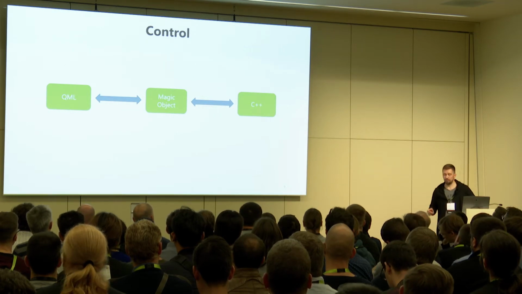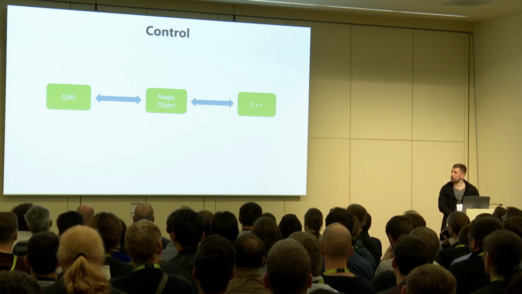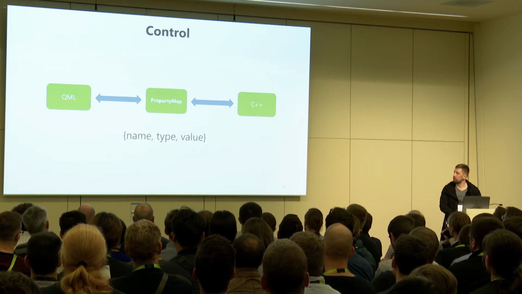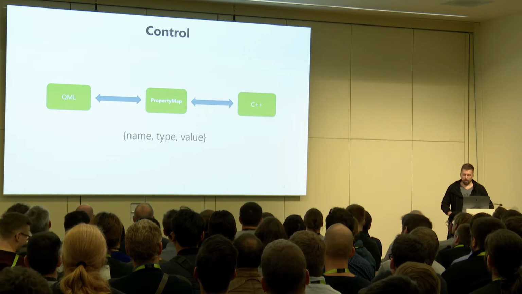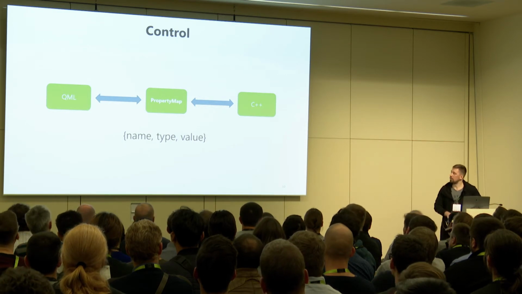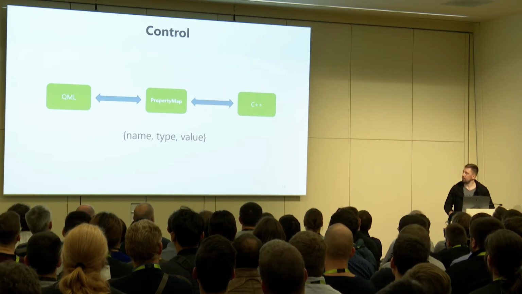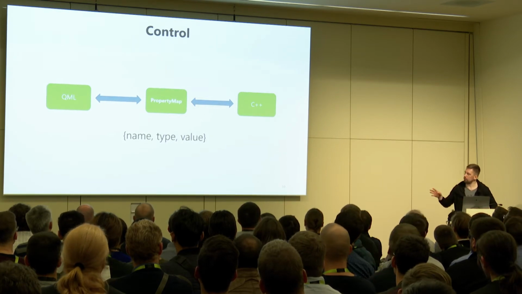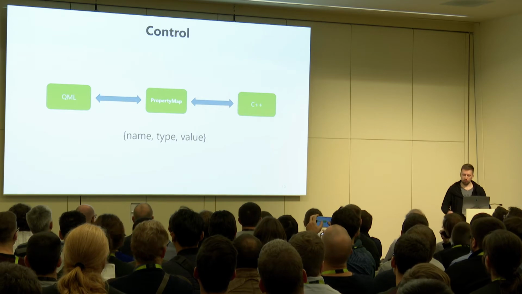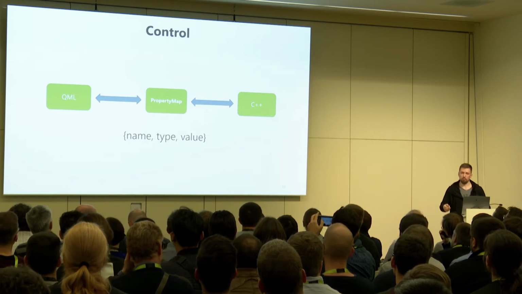What can it be like? Let's think of a table of triplets of name, type, and value. And after being loaded, the table becomes an object, and all of these triplets become properties of that object. So we can name this object from now on PropertyMap.